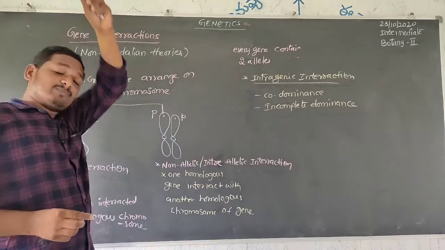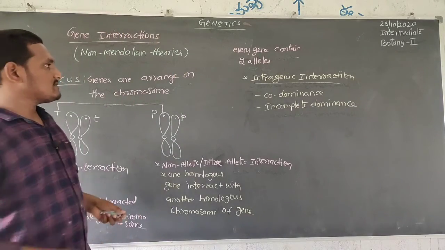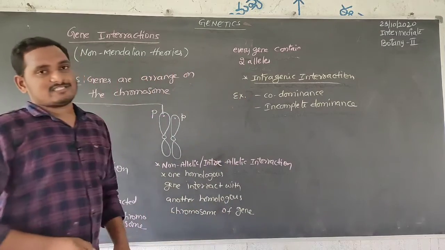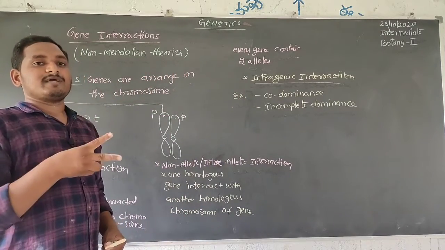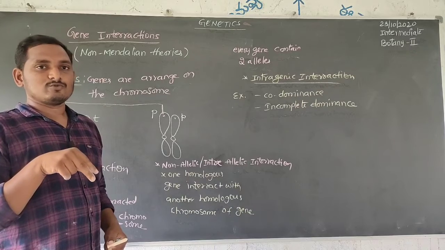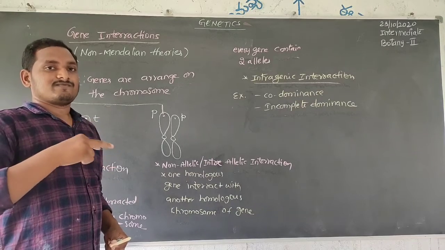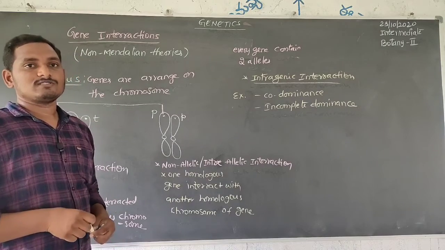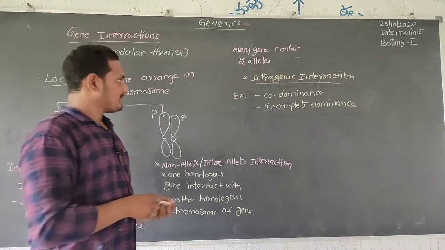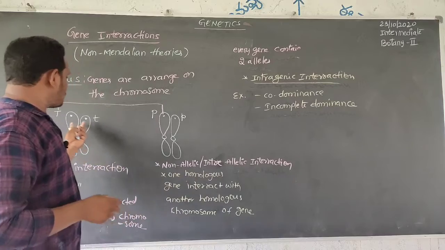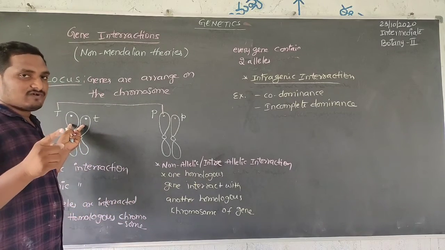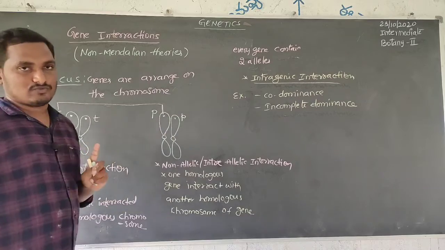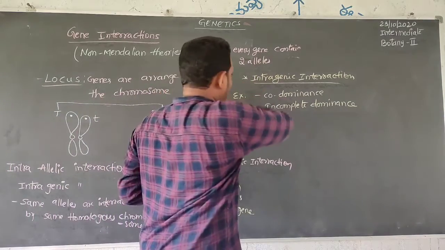Codominance and incomplete dominance are the two examples for intragenic interaction. It means the same type of homologous pair of chromosomes is there, and that pair of genes interact by only a single homologous pair of chromosomes. It means two genes on only one chromosome, while in the other case two genes on different chromosomes interact across two different chromosomes.